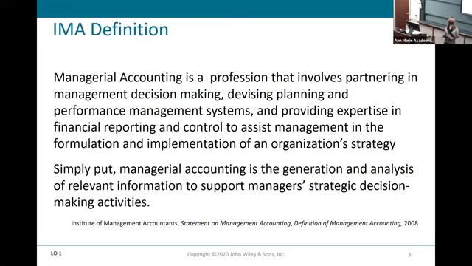Right, so let me just start off by talking about the IMA, the Institute of Management Accountants. That's the governing board of management or managerial accountants, right? If I pique your interest, I know you've probably all heard about the CPA exam, right? That is what you would take if you want to be a public accountant.